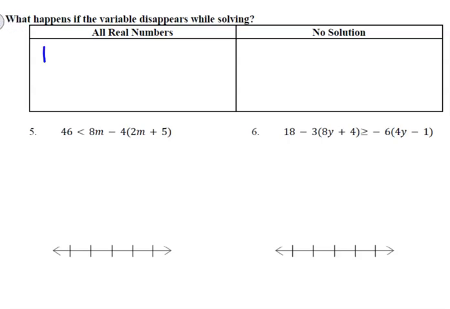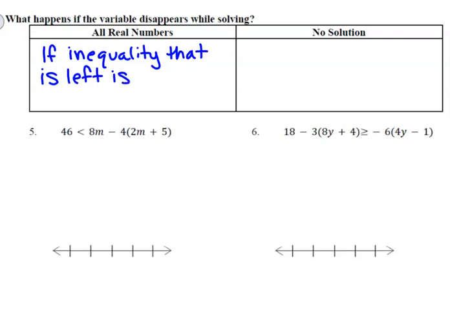If the inequality that is left is true, meaning it's going to say something that's true, like 2 is less than 10, that's going to mean that it is all real numbers.